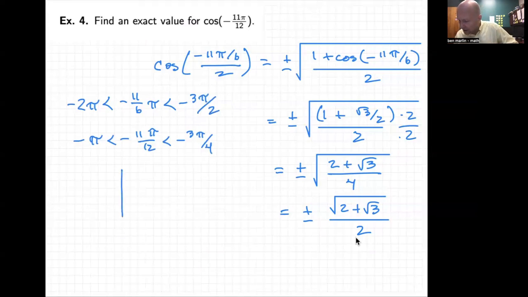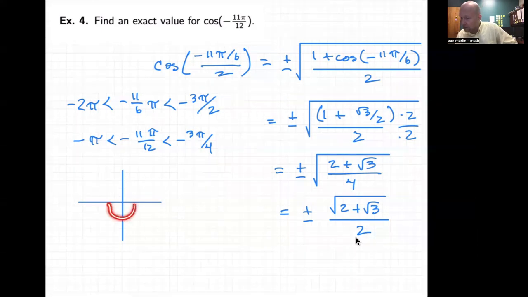So graphically, we know that negative pi is here. And I should have done it this way. So negative pi would be here, and negative pi over 2 would be here.